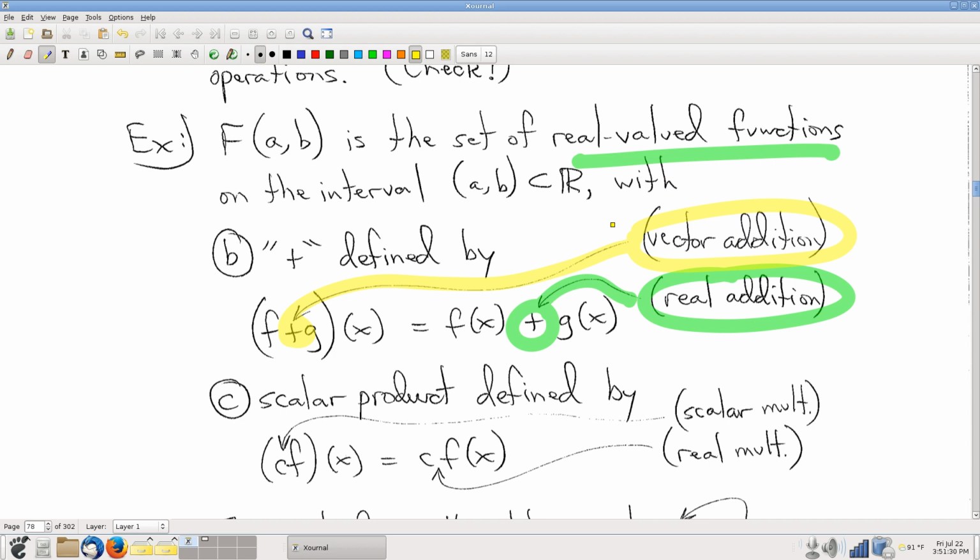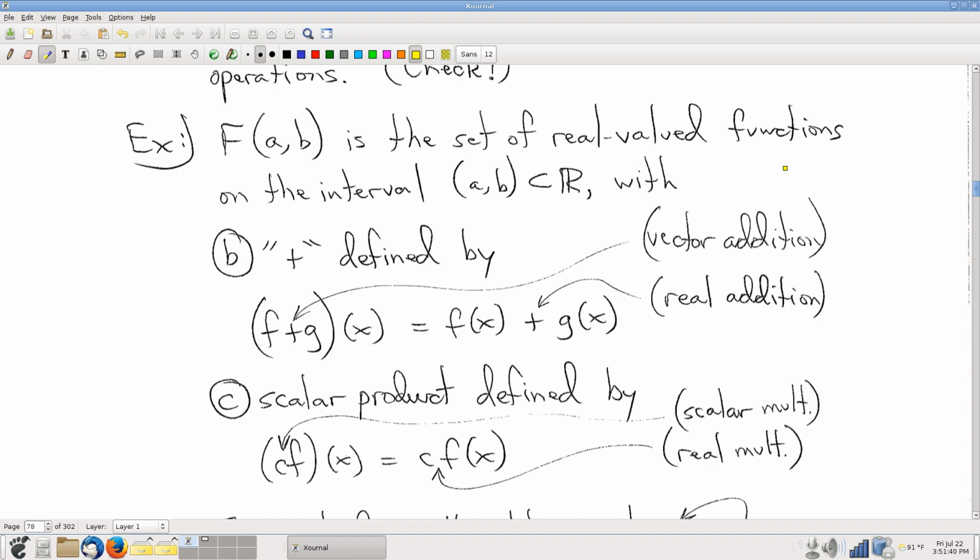We call it vector addition because this is how we're adding what are indeed the vectors in this would-be vector space. Okay. All right. Awkwardly, very often, we use the same symbol for the vector addition that we will and always have used for plain old addition of real numbers.